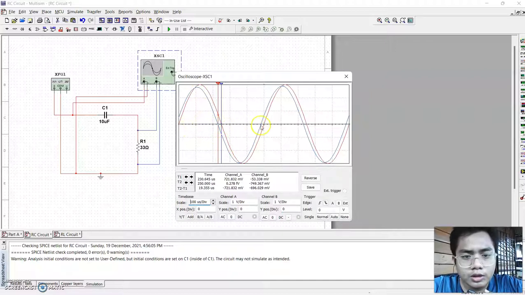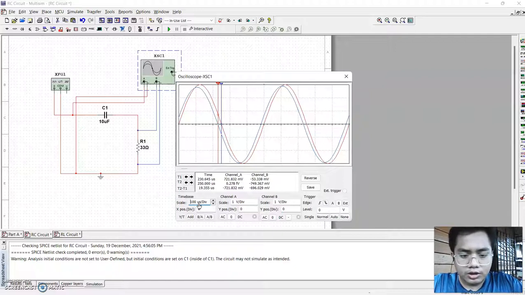So there are 5 divisions for one cycle, multiplied by 100 microsecond, so the D is 500 microsecond.